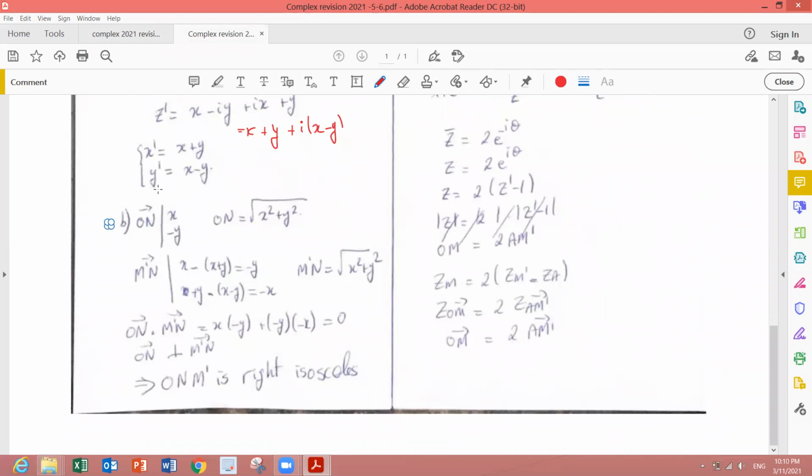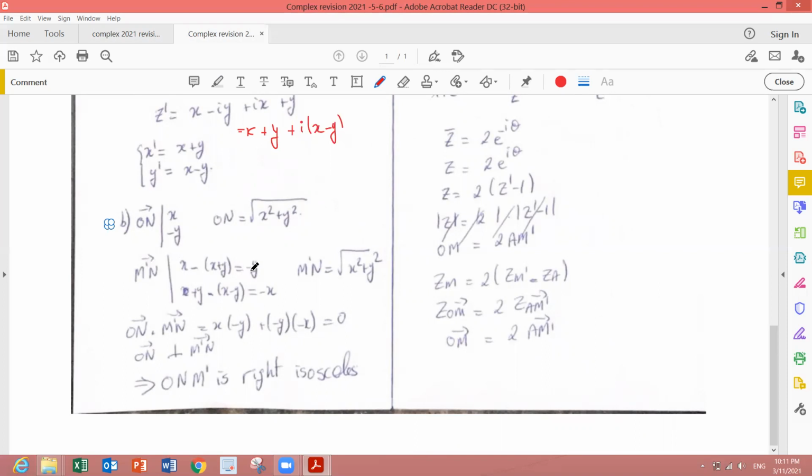So here, vector ON is x, minus y. Since N is the affix of z bar, N has coordinates x, minus y. So the distance ON equals radical x squared plus y squared. Vector M prime N is equal to xN minus xM prime. xN is x minus x prime, which is x plus y.